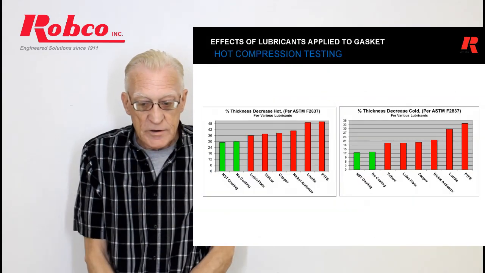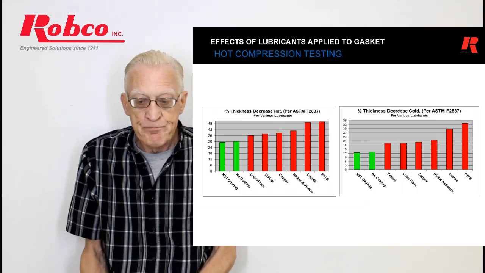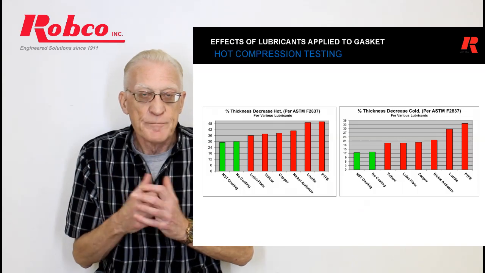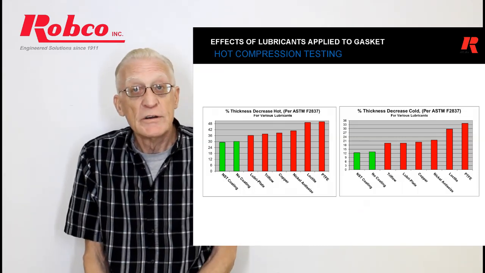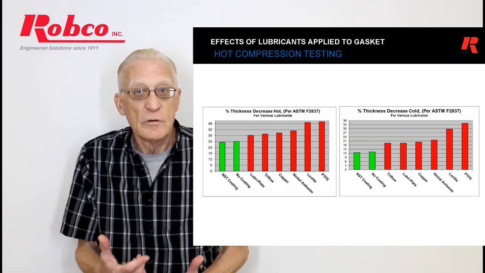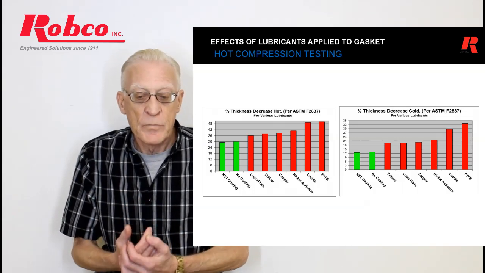So hot compression testing allows us to do a couple of different things. In this case, we lubed our gasket, when we said we shouldn't, with all kinds of different things. And we put it in the hot compression tester to make it move, to simulate actual industrial usage.